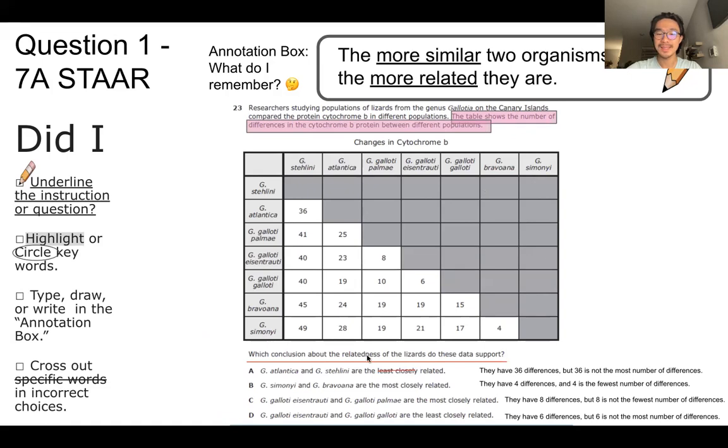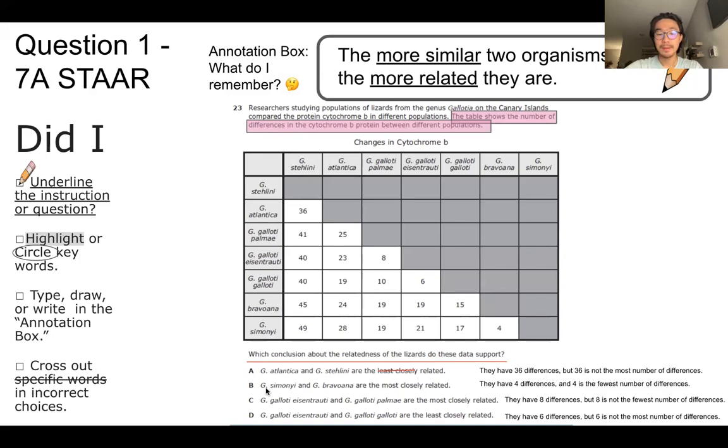So we can look at G. atlantica and G. stellini. So let's look at how many similarities they have. If we go over here to G. atlantica and G. stellini, we see they have 36 differences. Again, the numbers in the table show differences.